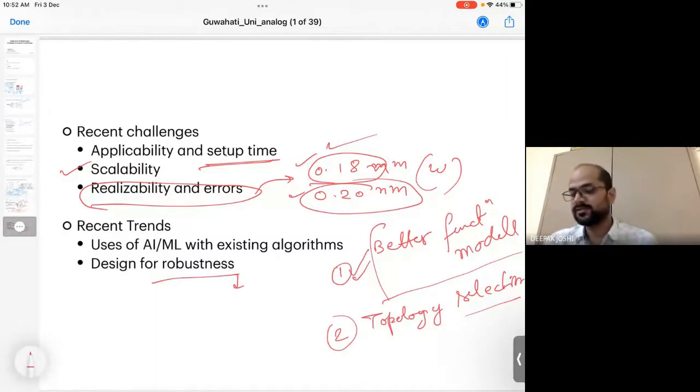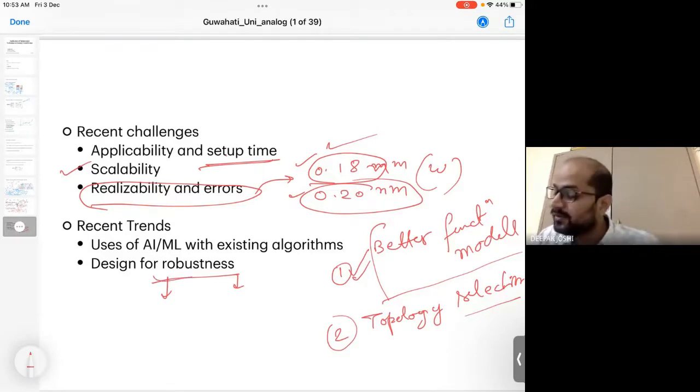Those variations are also being incorporated in the objective functions and the constraints of the circuit. If we consider those situations in our mathematical program, then we are able to generate more robust circuits. You can find this robustness in the same paper which I have shown.